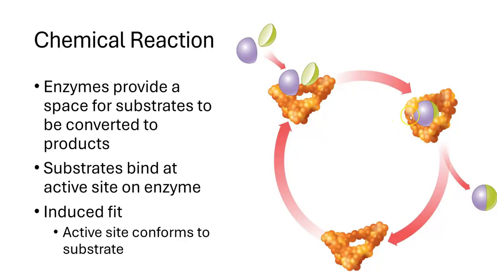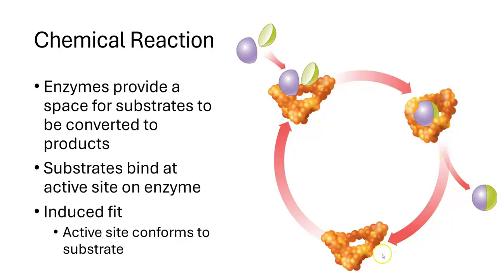And then the product gets released from the enzyme. So instead of having these two separate molecules here, it comes out as one molecule, right? So we've converted from substrate to our product. From having two substrates to one product where they've been fused together.